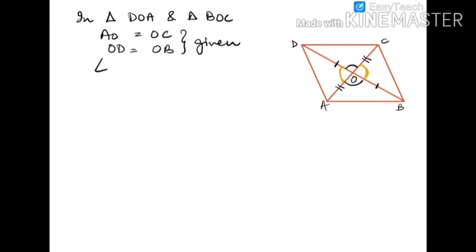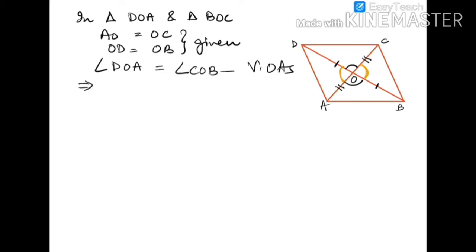Similarly, we can show DA equal to BC by proving triangle DOA congruent to triangle BOC. AO equal to OC, OD equal to OB, and angle DOA is equal to angle COB, as they are vertically opposite angles.